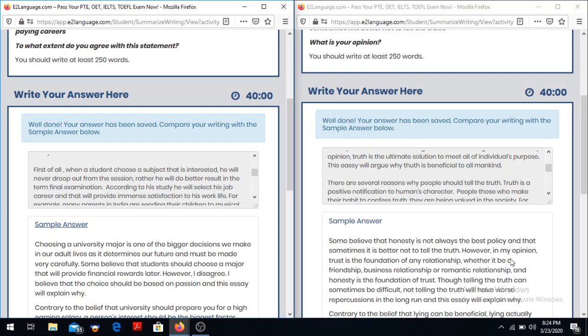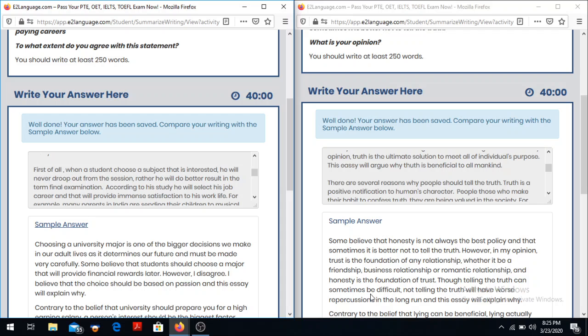However, in my opinion, so it is their opinion. Trust is the foundation of any relationship, whether it be a friendship, business relationship, or romantic relationship. And honesty is the foundation of trust. So here we are saying that trust is the foundation of relationship, and honesty is the foundation of trust. So we are saying these two things.